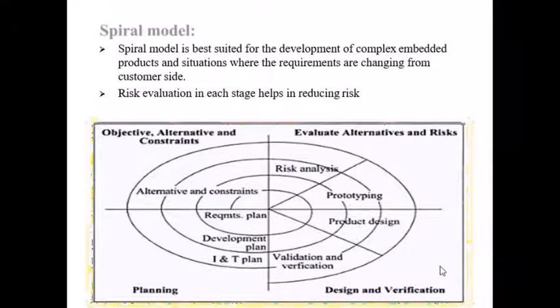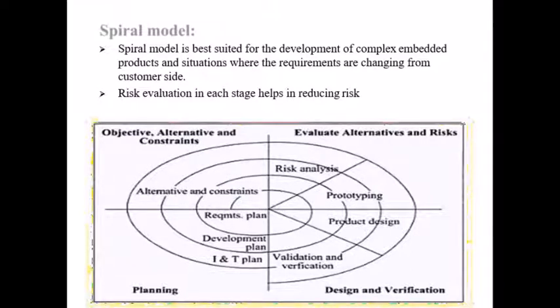Here in the four quadrants, the important steps are done: the requirements, planning, risk analysis, prototyping, development plan, again risk analysis, prototyping, verification. Again these steps are repeated, and only in the final step is the complete operational product developed and delivered to the customer.